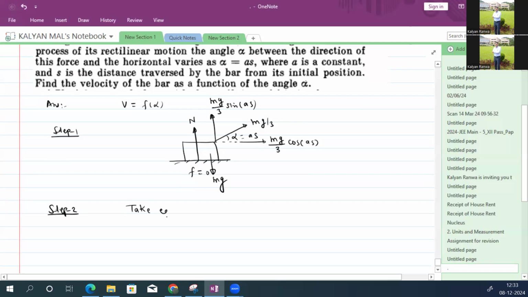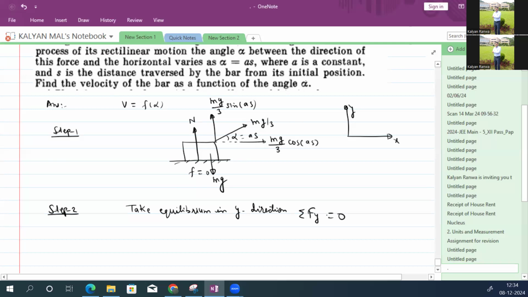So step two: take equilibrium in the y direction, because the bar travels only in the x direction. So the bar travels only in the x direction, and this is the y direction. No motion in the y direction. That means the net force in the y direction will be 0. Summation of Fy will be 0.